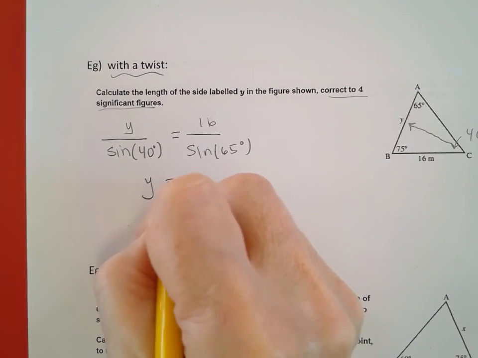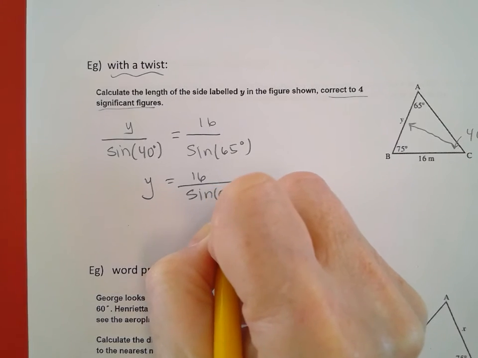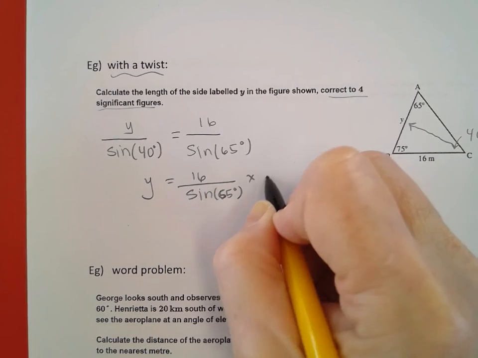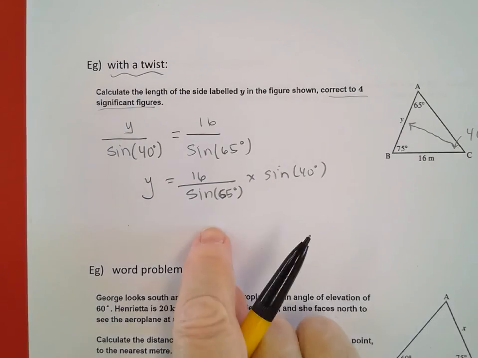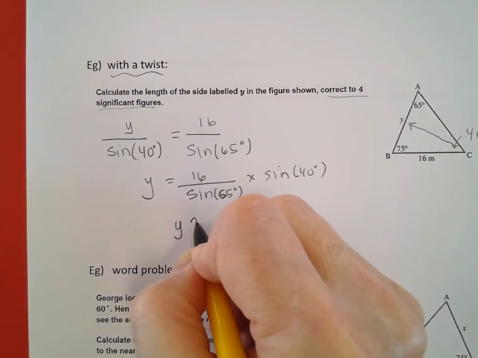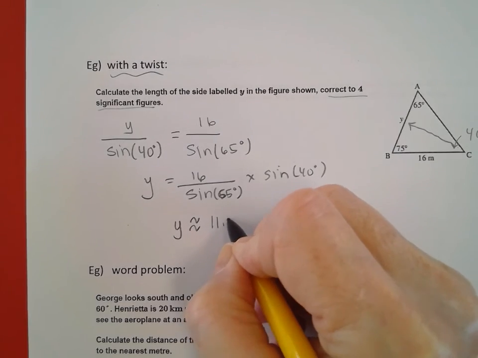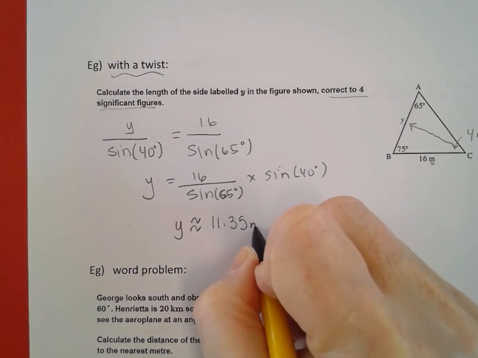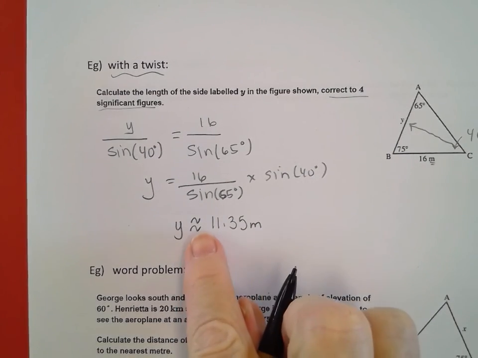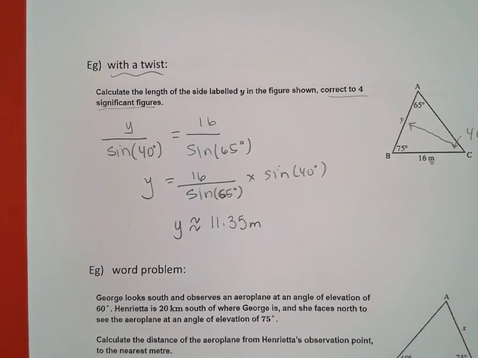So y equals 16 over sine 65 degrees times sine 40. Work it all out, and that is approximately 11.35 meters. I guess we're in meters. That's 4 significant figures: 1, 2, 3, 4. All right, cool. I think I'll end the video and start a new one.